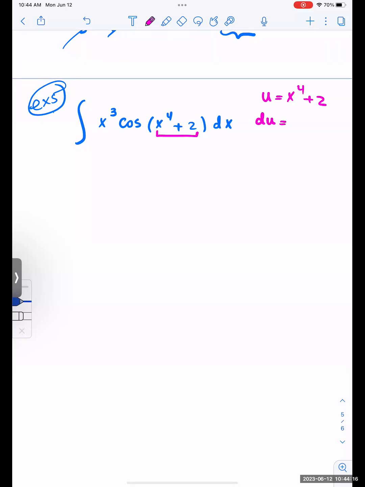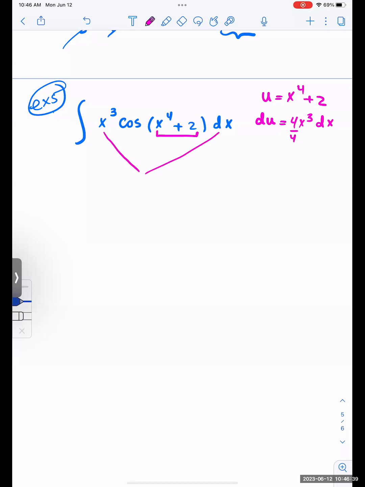So now I want you to find du. Then I want you to substitute it in the integral. And then I want you to find the answer. I'm going to give you a minute or two. Let's do it together. du is 4x cubed, don't forget to put dx.